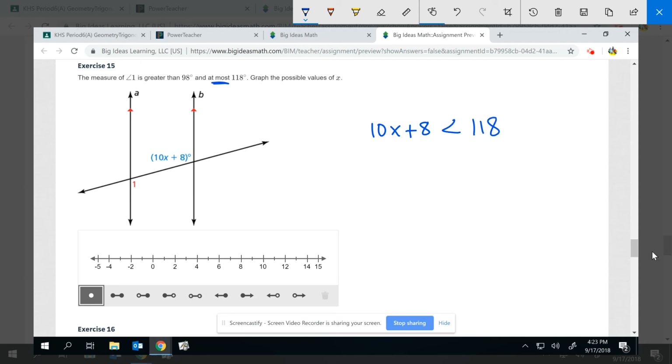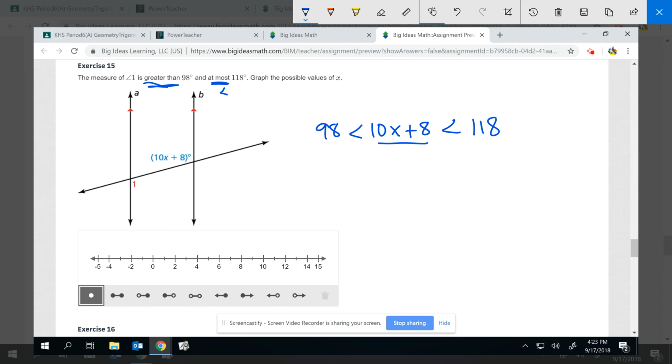At most is less than. Greater than 98, but we're going to go on the other side. Greater than 98. Oh, no, not greater than, sorry. Whoops. Greater than 98. So this 10x plus 8 is the bigger one, and then 98.